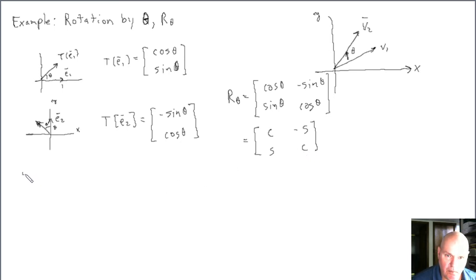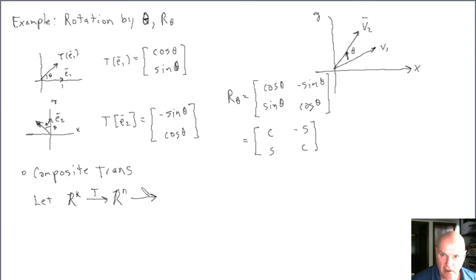Okay. We've also looked at composite transformations previously. Where we start in a k-dimensional space, apply a transformation T to produce a vector in an n-dimensional space, and then apply another transformation S to produce a vector in an m-dimensional space.